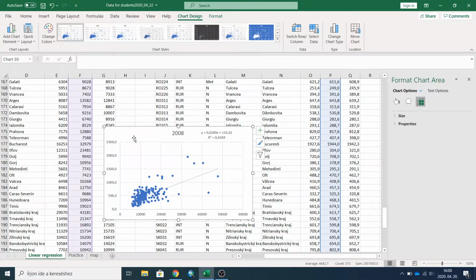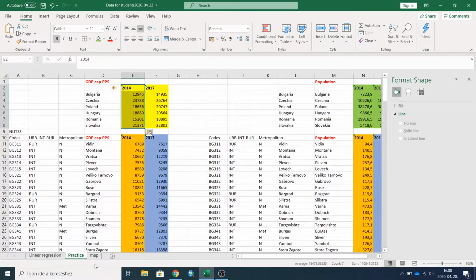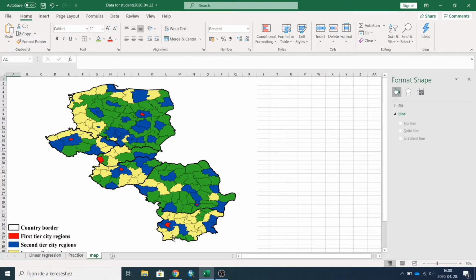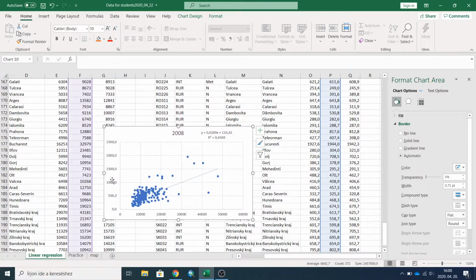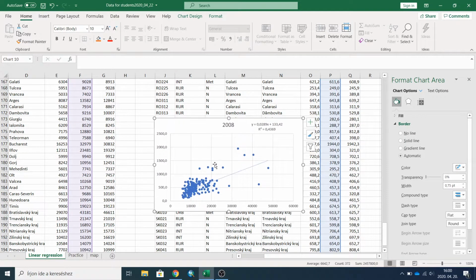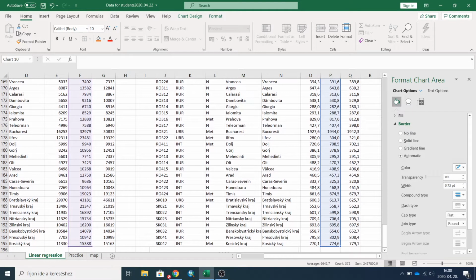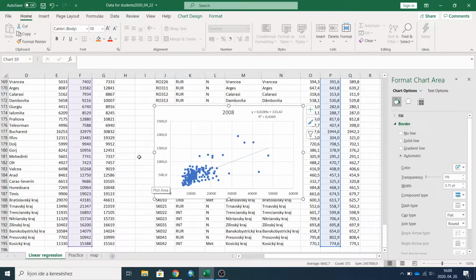This low value is based on the NUTS 3 level, because we can see around 2000 polygons, I think 180 number of cases, a lot of cases with very big differences between the NUTS 3 regions.